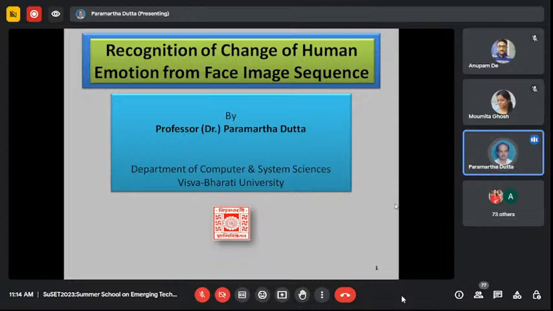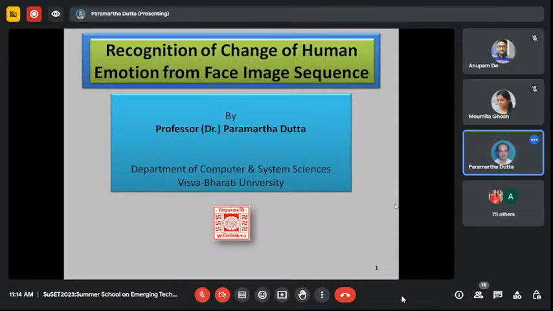Now, for the present problem, let me repeat. What I am dealing with is essentially trying to identify a change in human emotion, if there be any, as reflected in his or her face images over some time. There will be images coming in sequence, reflecting the change in emotions, for example from neutral to surprise or from neutral to anger.